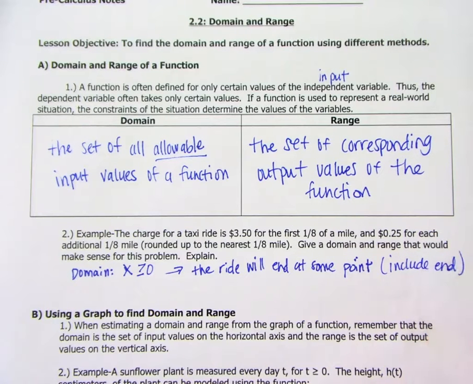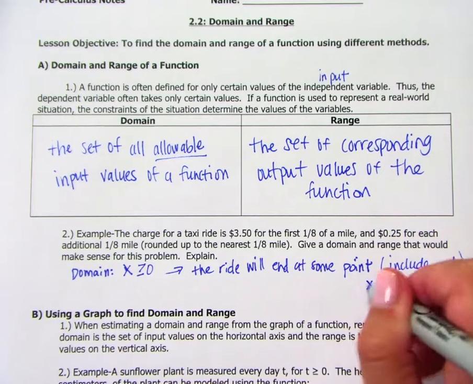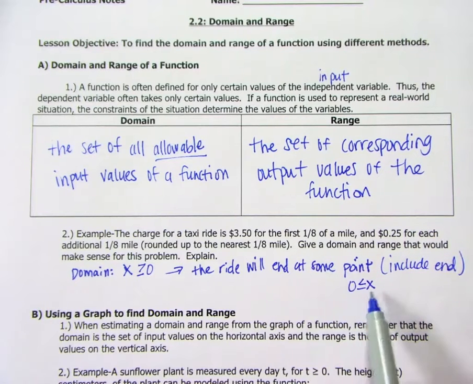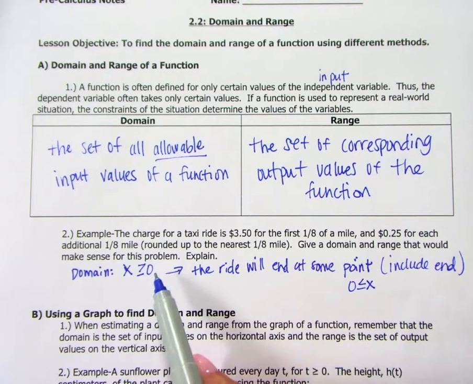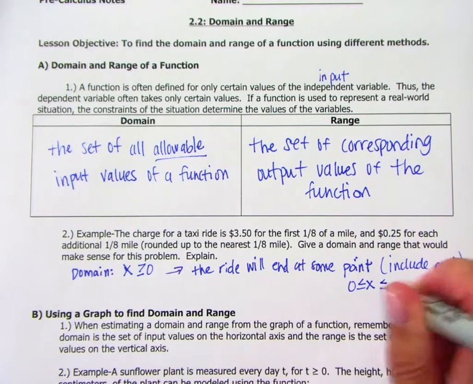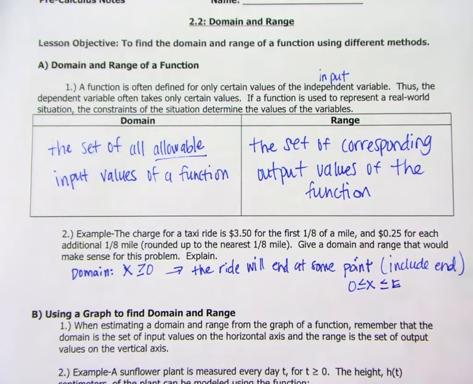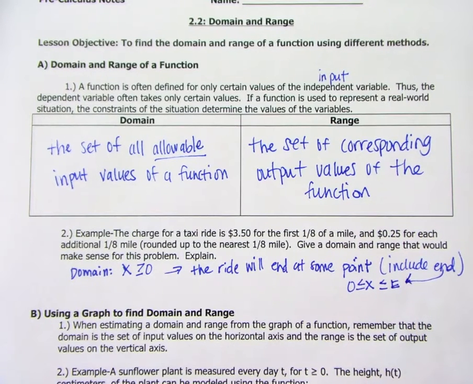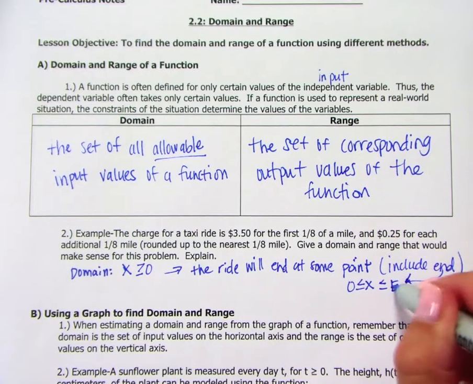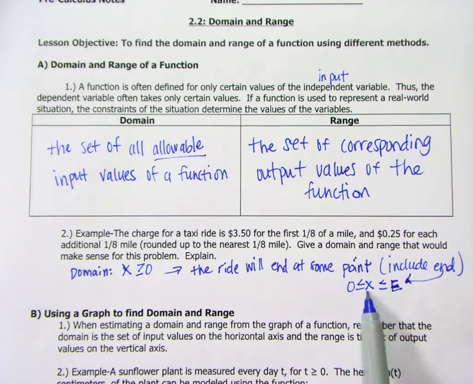So to do that, we're just going to kind of make this generic. We're going to say the length of the ride, which is x, has to be greater than or equal to 0. That's what we had first. But then it has to be less than or equal to e for end of the ride, okay? So we don't really know what the exact end is, but we're just going to make it generic, saying at some point your ride is going to end, okay?